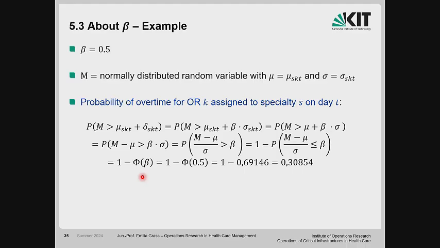Because we know beta is 0.5, if we look this up in the table, you will see that in 69.15% of the cases we will finish our surgeries on time. And with the counter probability 1 minus, roughly 30% is the probability that we need some overtime. So this is the probability of working overtime, and this one is the probability of completing the surgery on time.